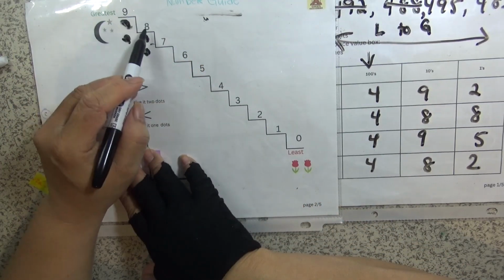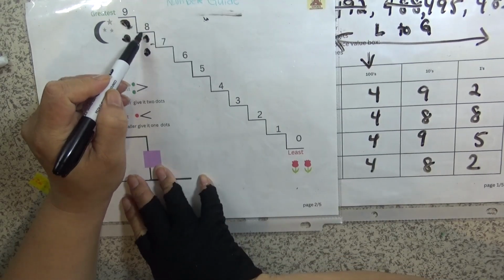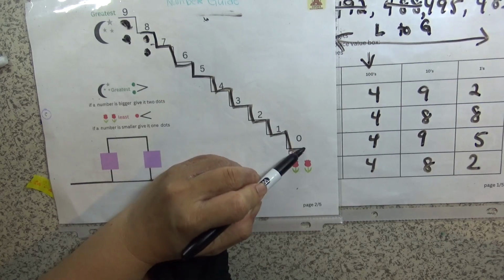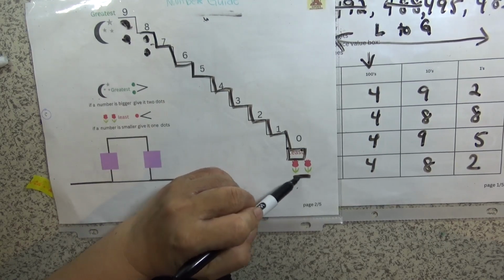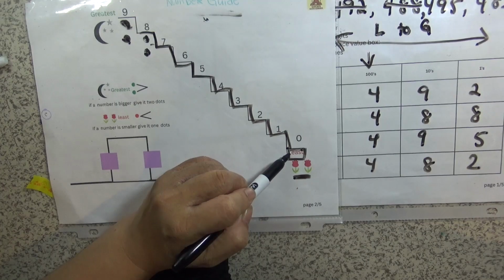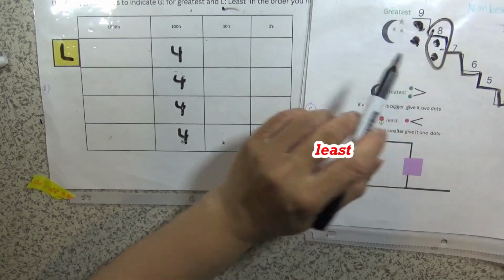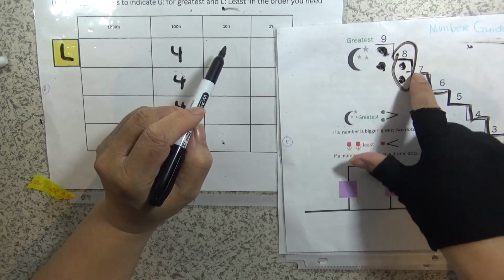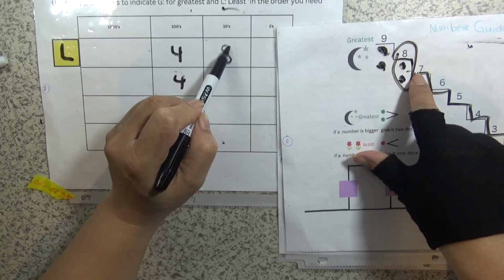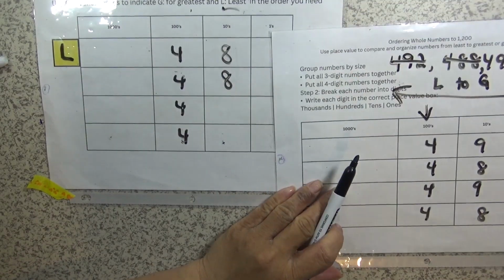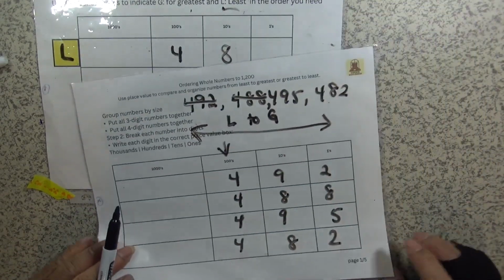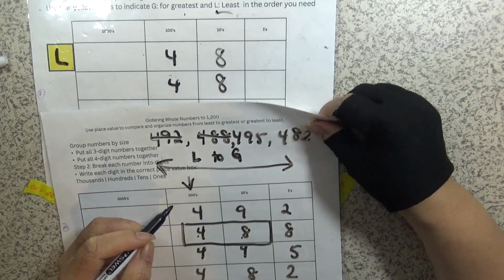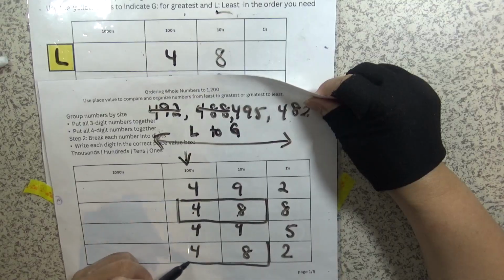The smallest number between the 9 and the 8 is the one going towards the bottom of the stairwell, towards the tulips, down to the least. I would put 8 because it's smaller than the 9, and I have to do it two times. So 8 and 8. Going back to my handy dandy chart, that would be here and one more time here.